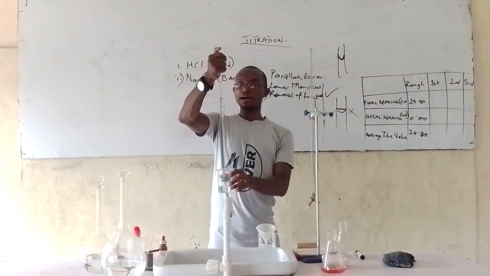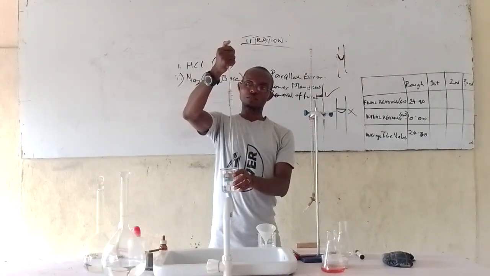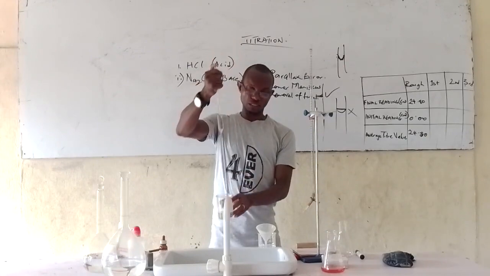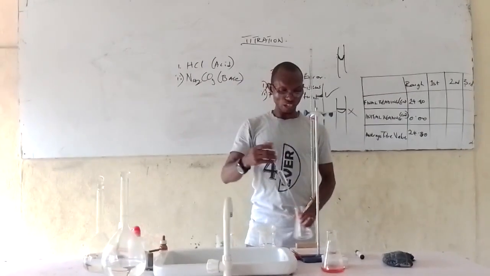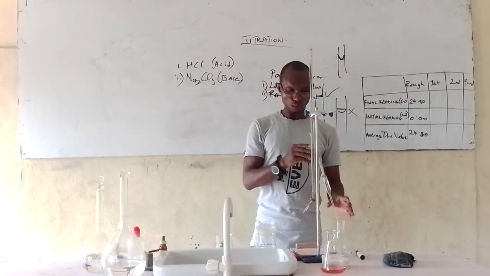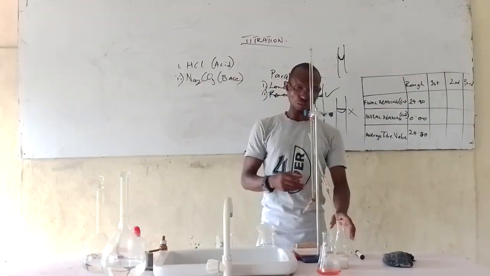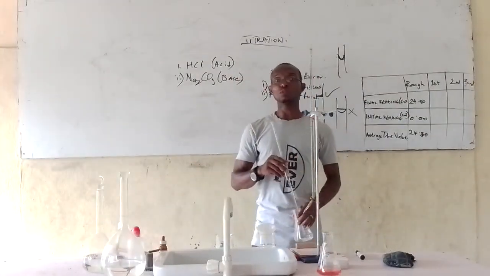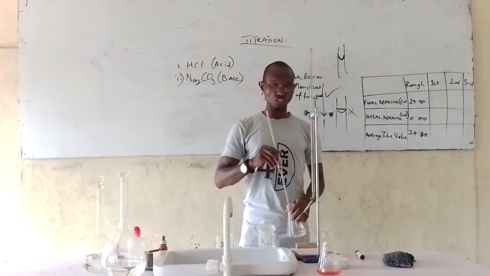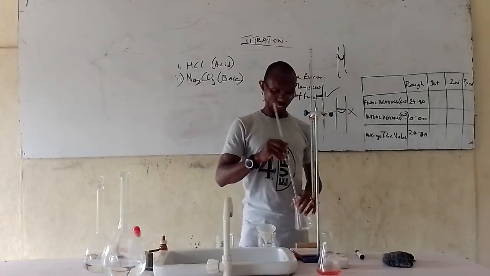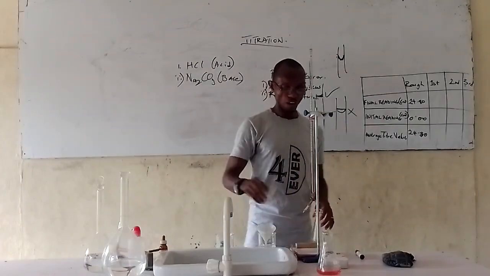I'm taking my base from the beaker for B, and I'm dispensing in this clean conical flask. I want to show us between this color and the one we'll be getting now, if it is going to be possible for us to achieve our aim before we get to 24.8, which is the reading for our rough.